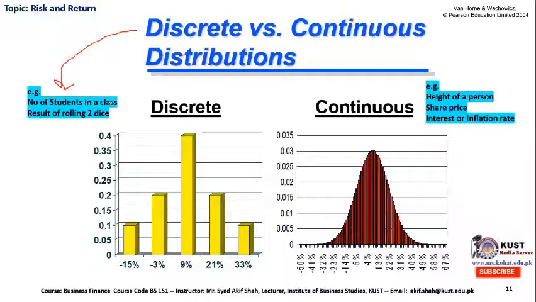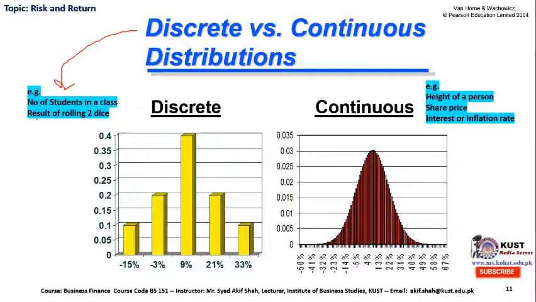The number of students must be a solid, full numerical value, like 10 students, 15 students, or 50 students. But it doesn't make sense to say that the number of students in a class is 50.5. This 0.5 doesn't make any sense.